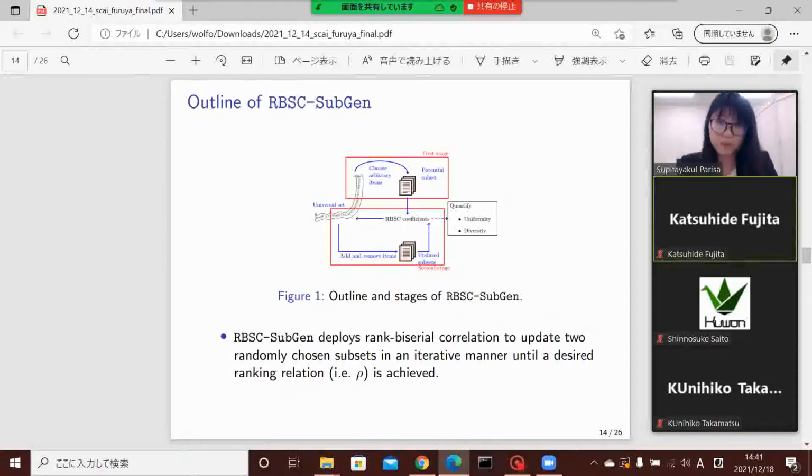But if not, we go back to the universal set, get a new item, add it into the subset, and then update it. After that, we compute the RBSC coefficient again until it reaches the desired RBSC coefficient, which we call rho star.